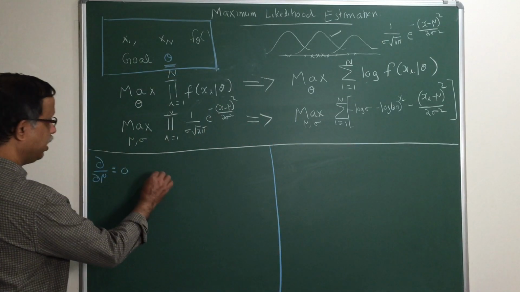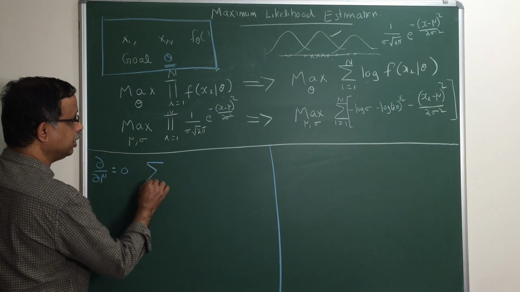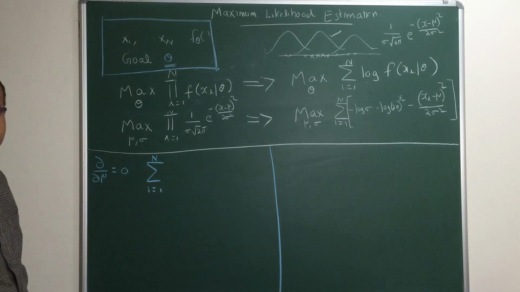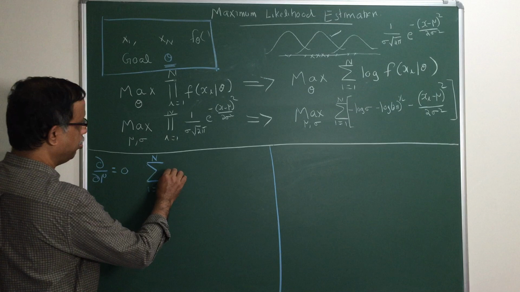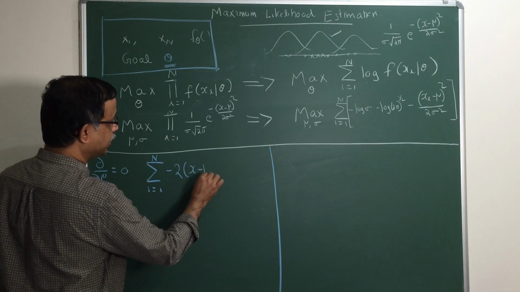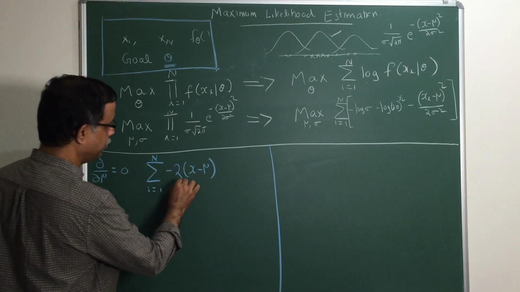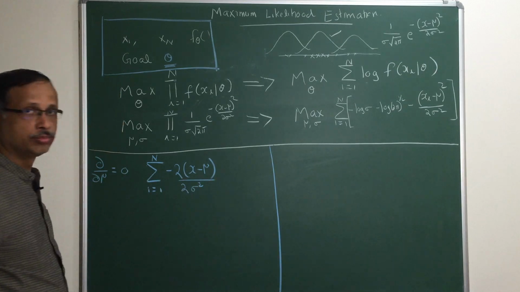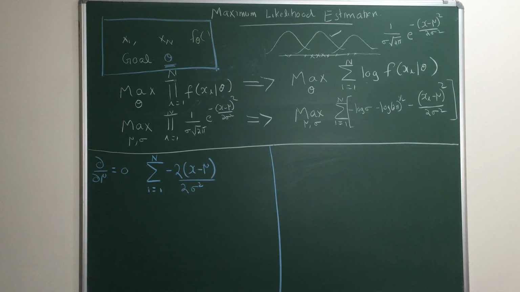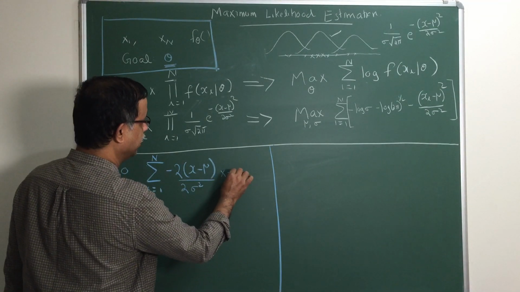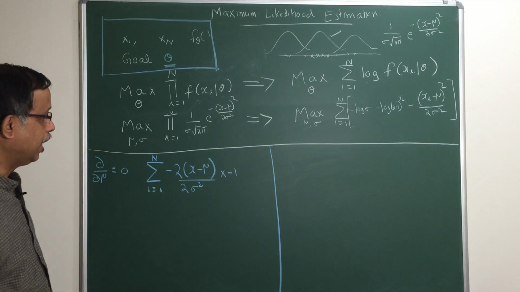So what is left out is sum i equal to 1 to n, minus 2 into (xi minus mu) by 2 sigma square into minus 1, and this is 0.